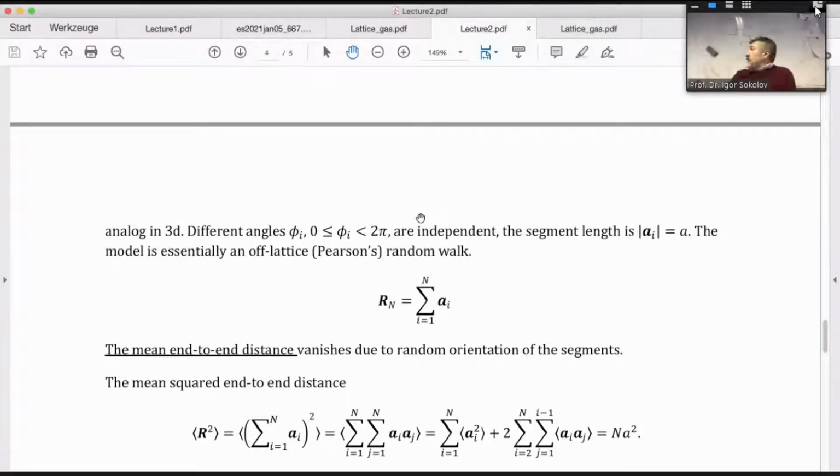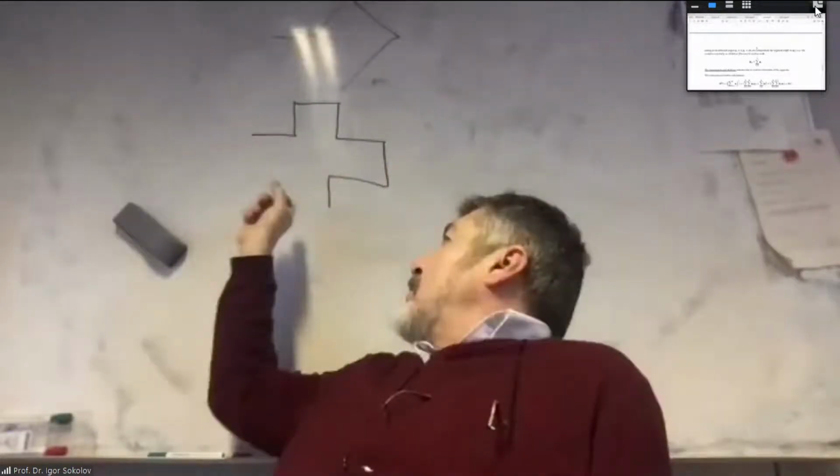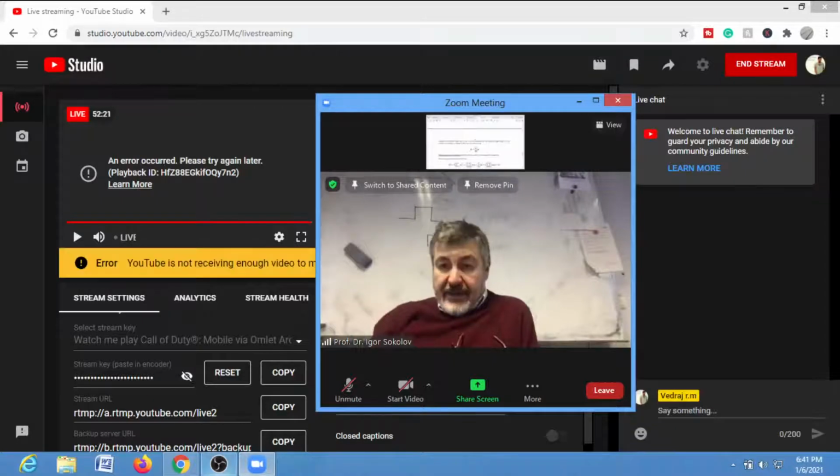Essentially, seriously speaking, if I consider this as the molecule, it cannot fold on itself. Because if this guy would like to sit here, it will have to occupy the place where there is already something. There is an atom or a monomer there. It can't exactly occupy the same place.